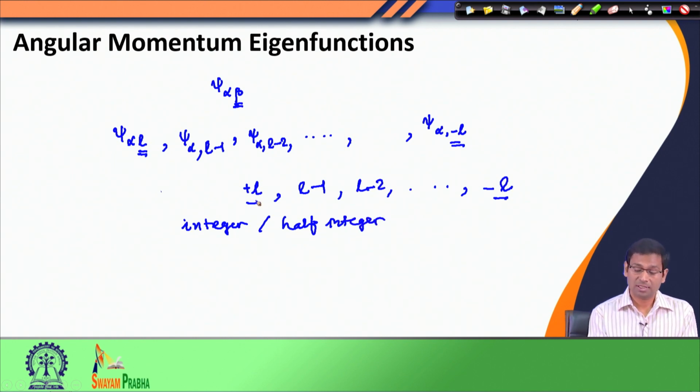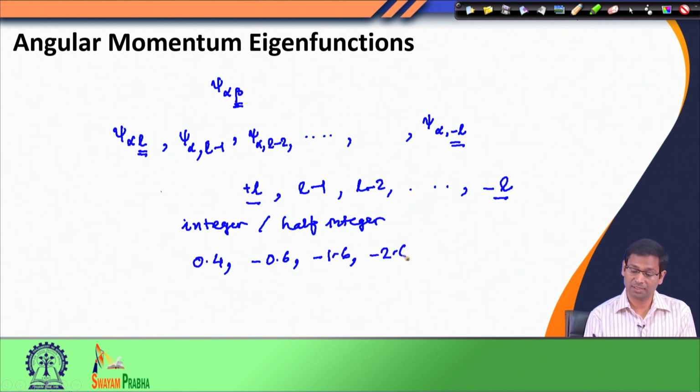I will just take one example. Let L be neither an integer nor a half integer. Suppose I say L is 0.4. So, what will be L minus 1? 0.4 minus 1 will be minus 0.6, and L minus 2 will be minus 1.6, L minus 3 will be minus 2.6 and so on.